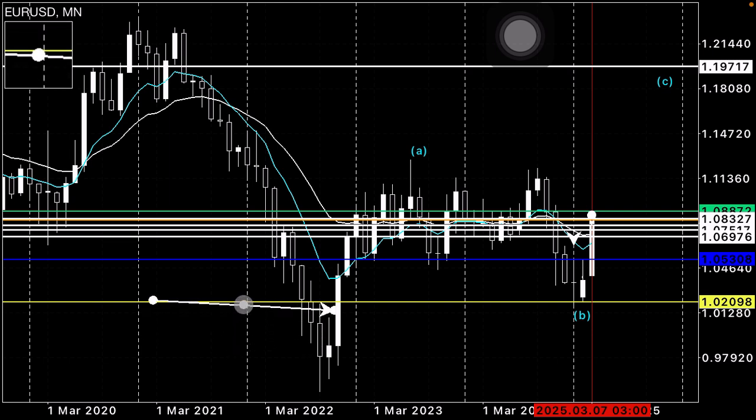Here's month 2. Now here's a fair value gap from the top of that right there. That's that wick from there to there. So it didn't come back. Month 1, month 2, month 3, month 4, month 5, month 6, month 7, month 8, month 9, month 10. That was 10 months just to go here.